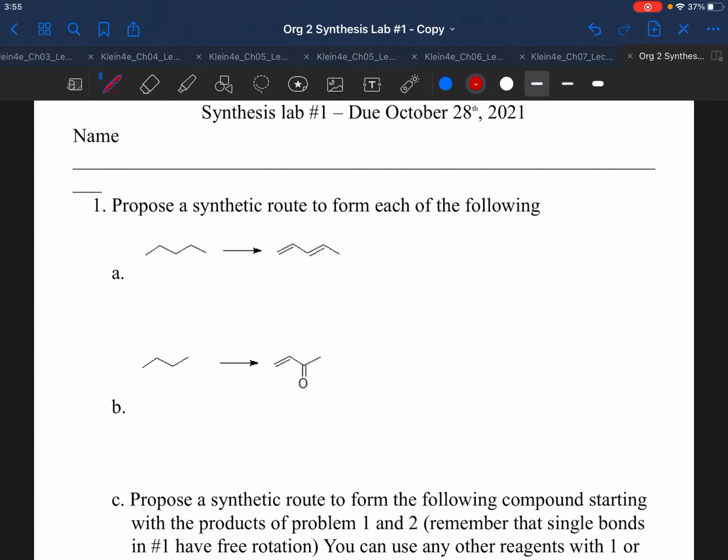You are constantly building off of what you learned in the past. So as you are working through your synthesis problems, I highly recommend getting out some of that review material that I posted for you for Unit 1. Look at your alkene reactions, your alkyne reactions, your Organic 1 review sheets. You're going to need it when we do synthesis.